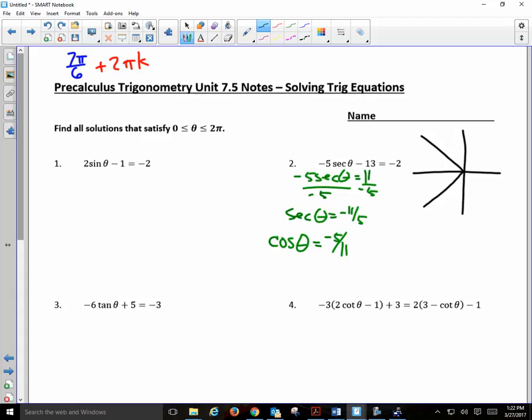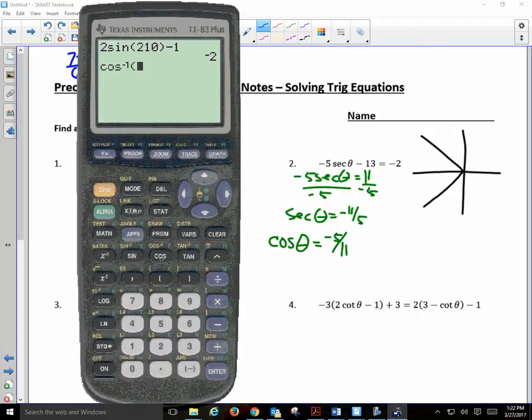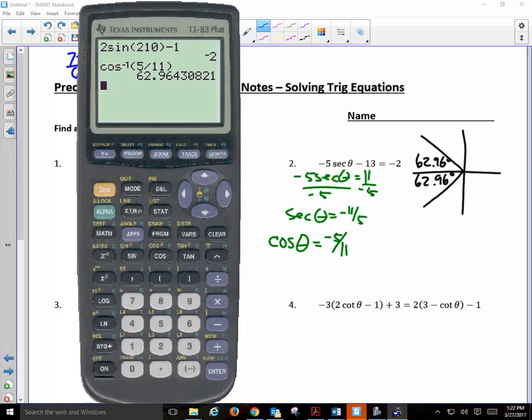Now again, you always draw the angle between the terminal side and the x-axis. I don't type in the negative. I just go cosine inverse of 5 divided by 11. And I get 62.96, to the nearest hundredth. So I am not plugging in the negative, and furthermore, you don't use these spaces here.